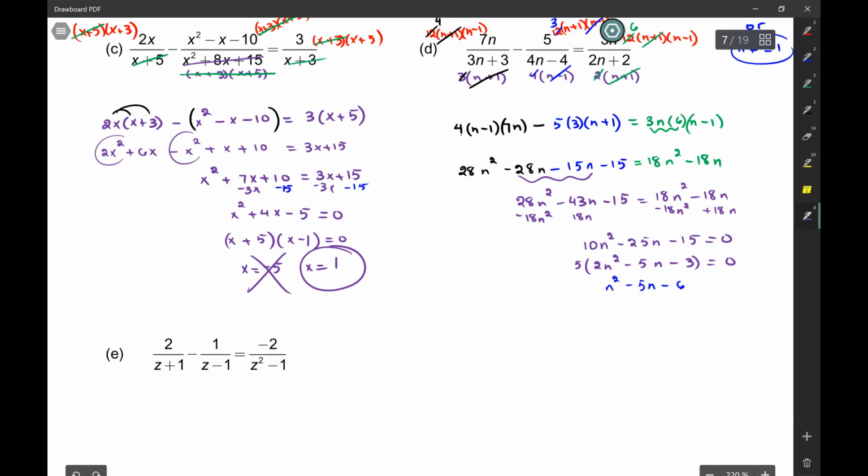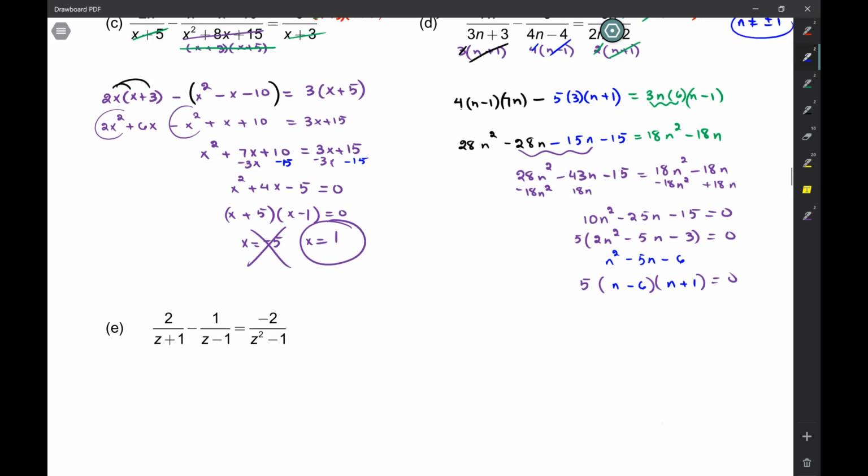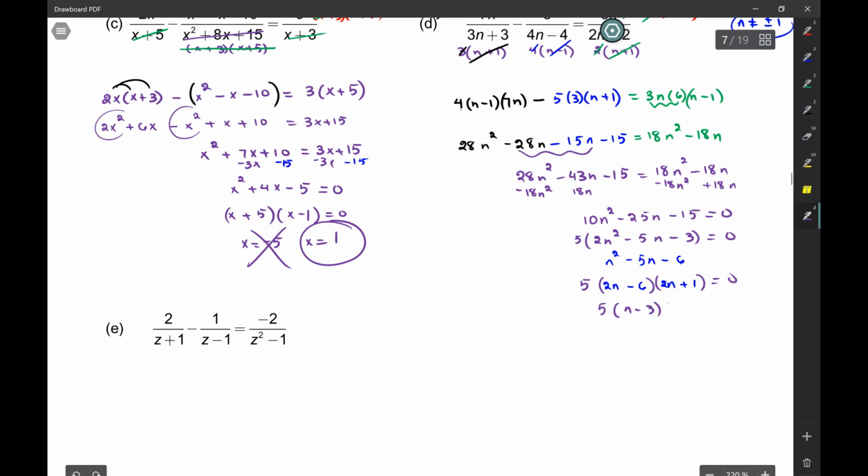So the 2 stays. Now I have n minus 6, n plus 1. Putting the 2 back. 5, n minus 3, 2n plus 1.